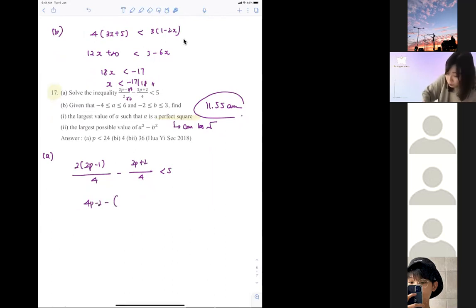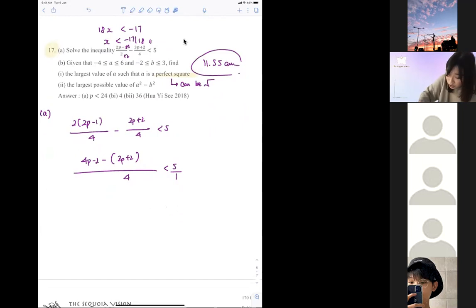Remember, when you minus more than one term, you must put a bracket, okay? Then fraction equals fraction, we can cross multiply, down, bring up. Okay, P one side, no P one side. Answer.